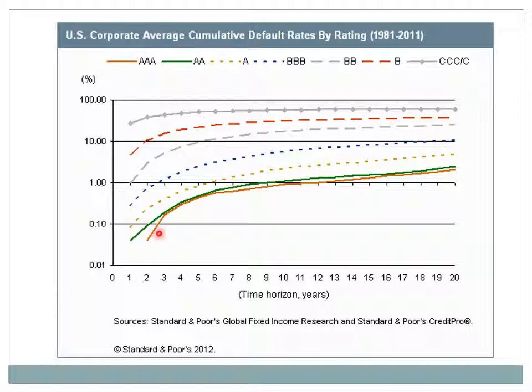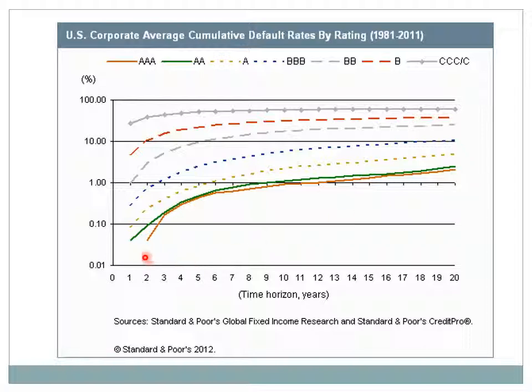Sorry, there we go. If you follow this curve up, what this is telling us is that you have a little over 1% of AAA rated firms that default within a 20-year period after they've been rated. So you don't see AAA firms hardly ever defaulting.